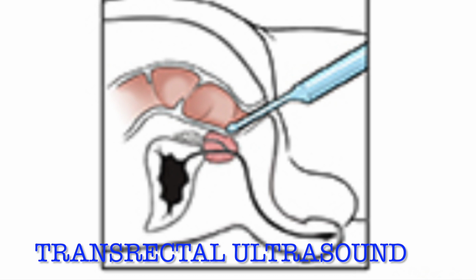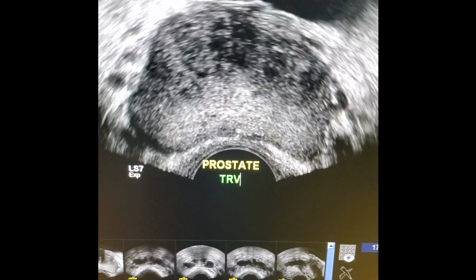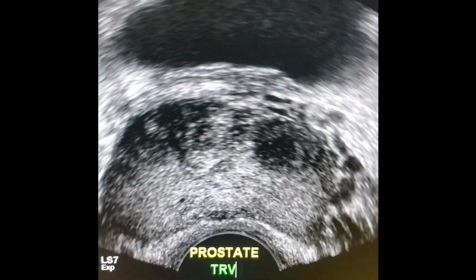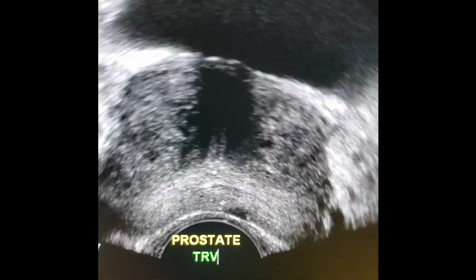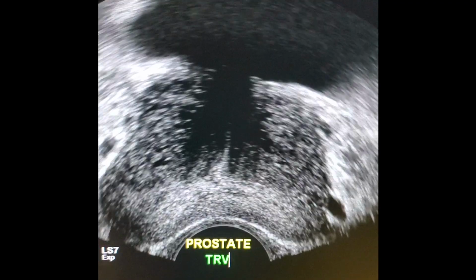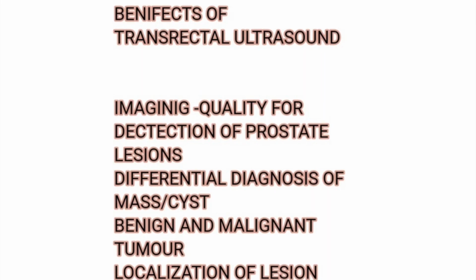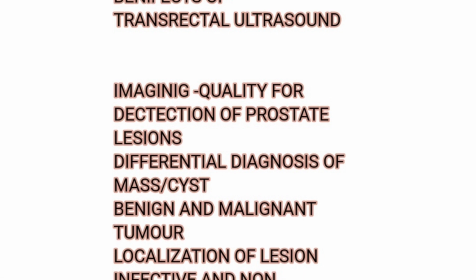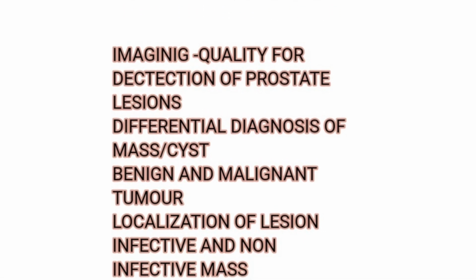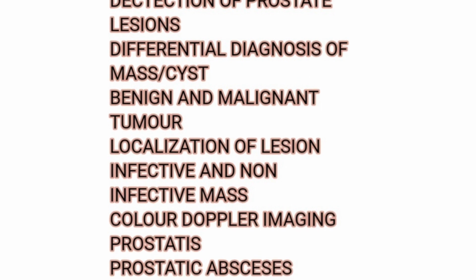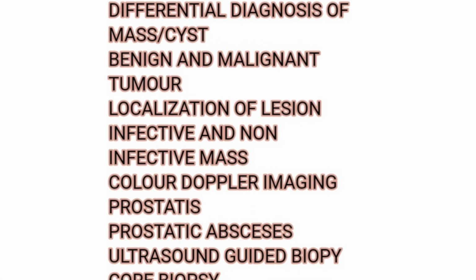During transrectal ultrasound, we see the prostate in very clear imaging: the prostatic body, the capsule of the prostate and seminal vesicle, and of course the rectal wall and the anal canal and also the urinary bladder. So in all of these structures we can detect or see any type of pathology.